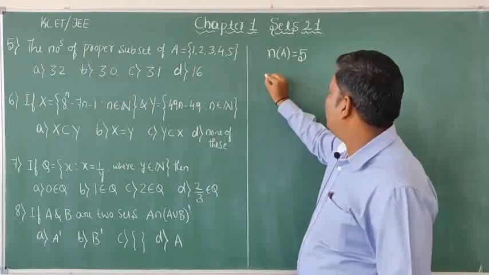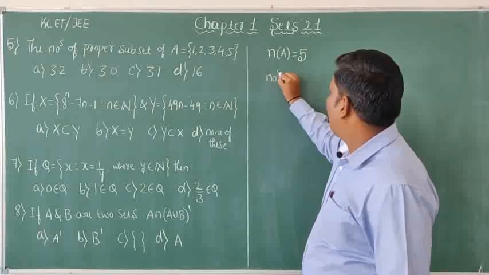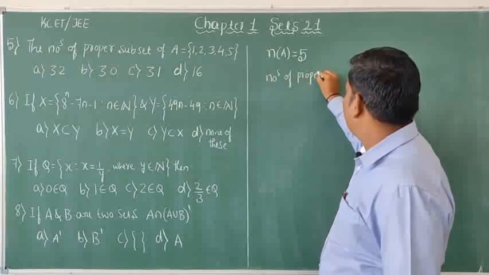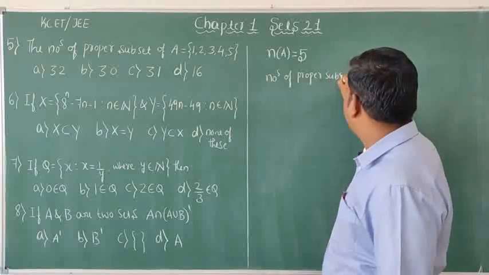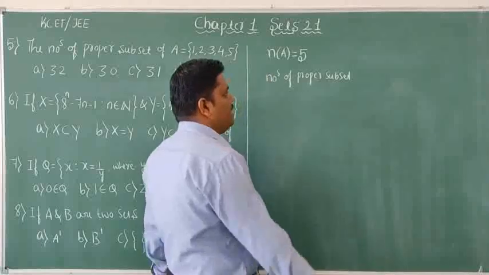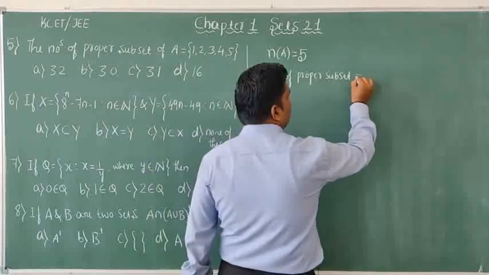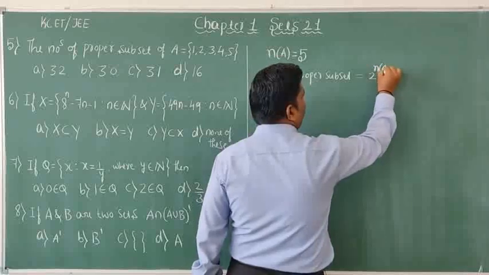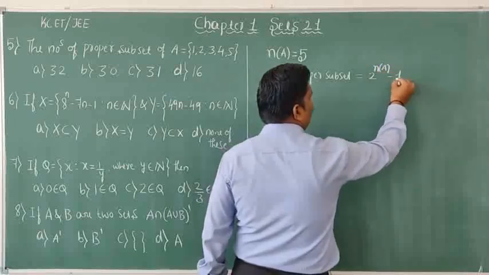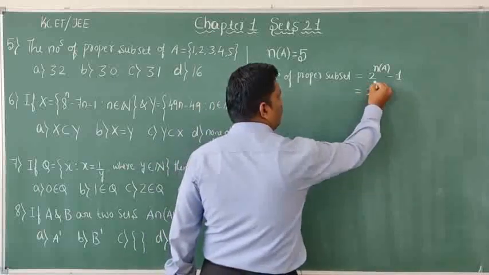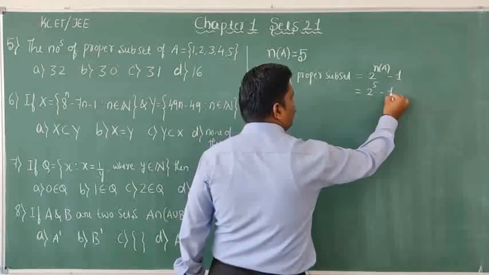Then you already know that the number of proper subsets of a given set is equal to 2 to the power n(A) minus 1. That's equal to 2 to the power 5 minus 1.